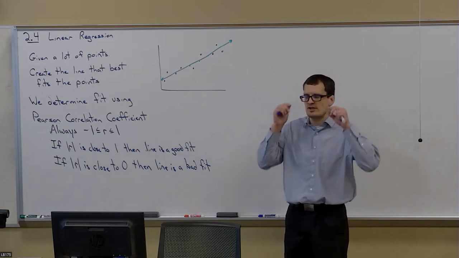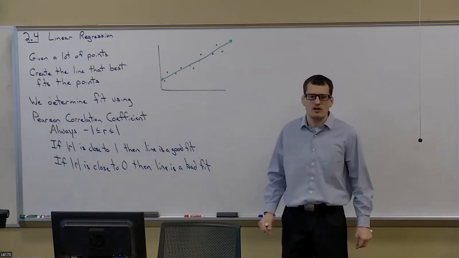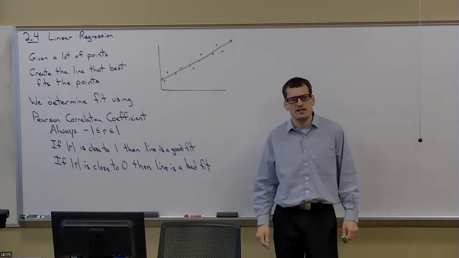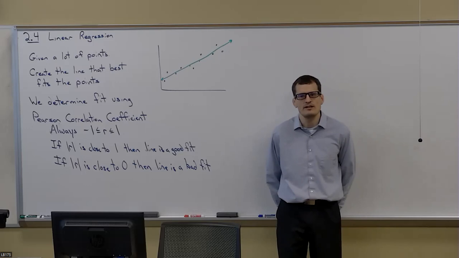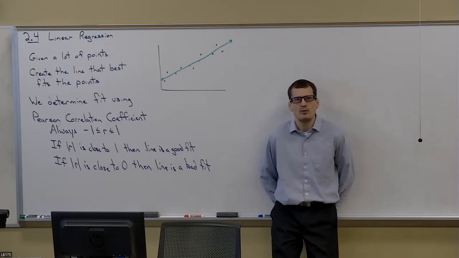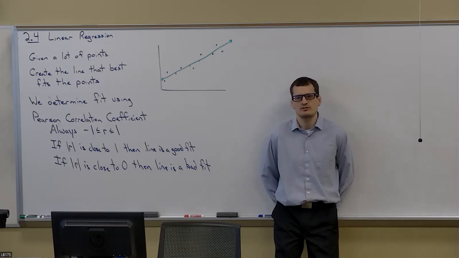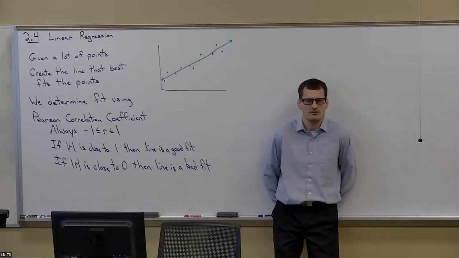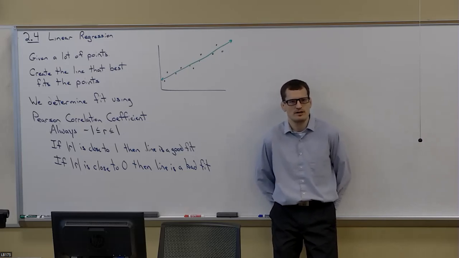Now, there are different versions of cutoff places depending on what context we're in. So is 0.6 closer to 1 or closer to 0? Is 0.7 close to 1 or close to 0? Is 0.3 close to 1 or close to 0, right?